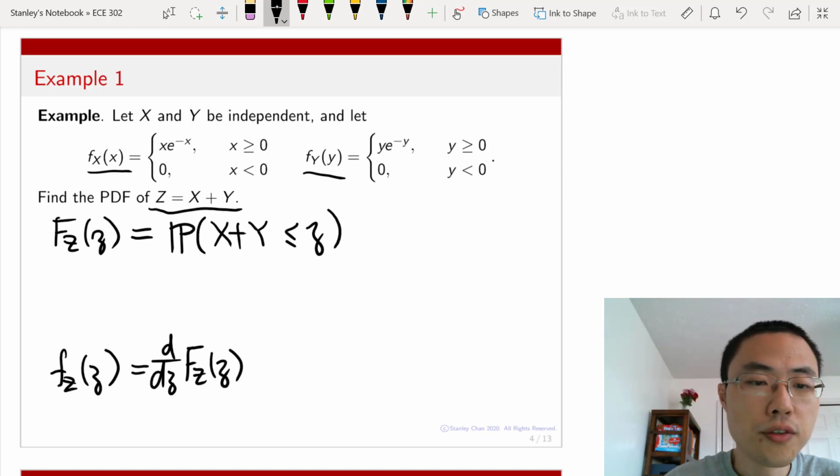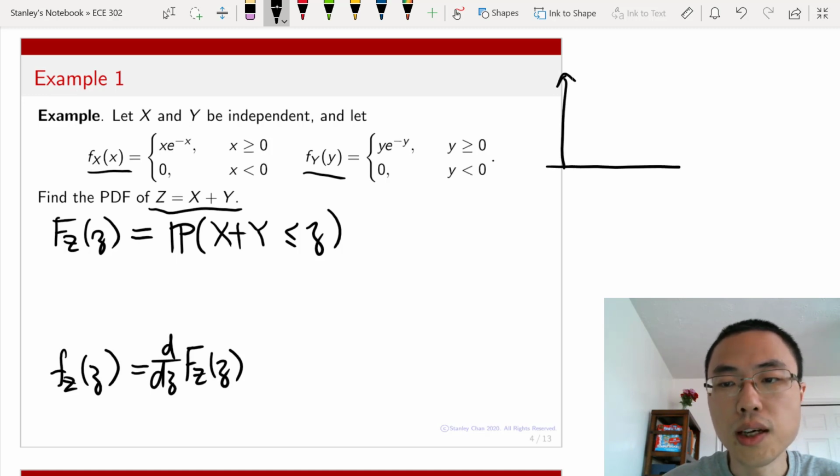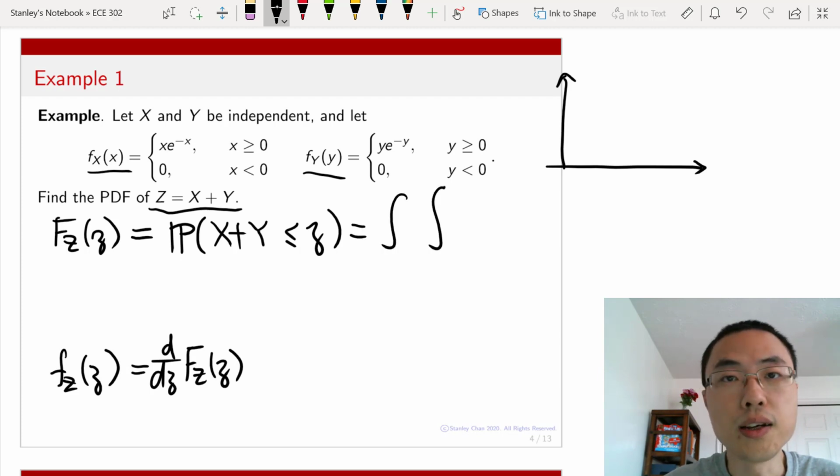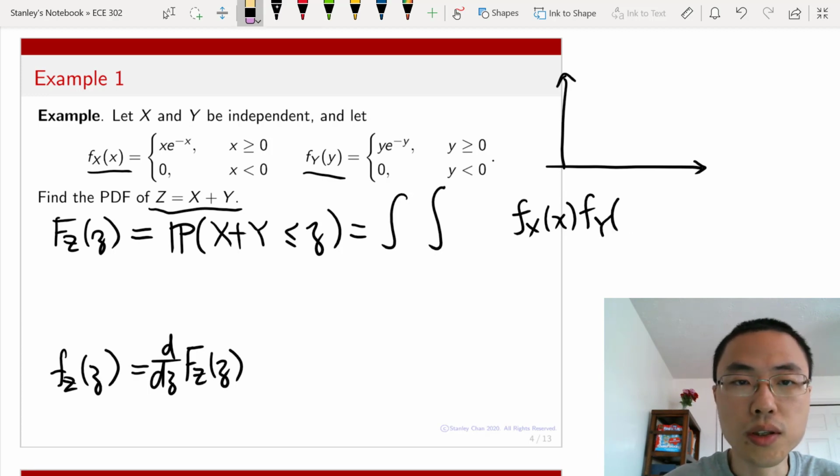If you have this probability, what it means is that instead of integrating the joint distribution of X and Y over the entire space, I am going to look at the area specified by this inequality.